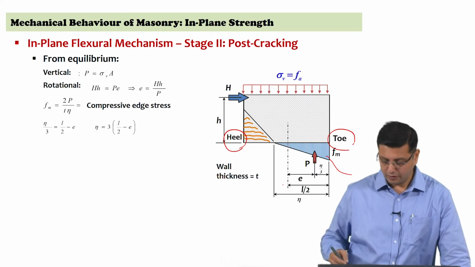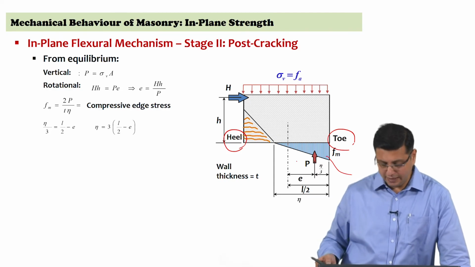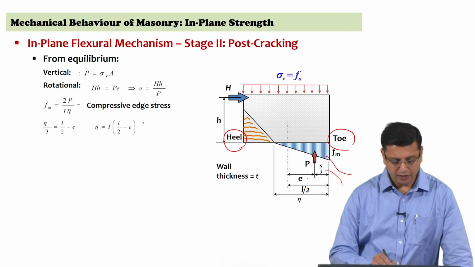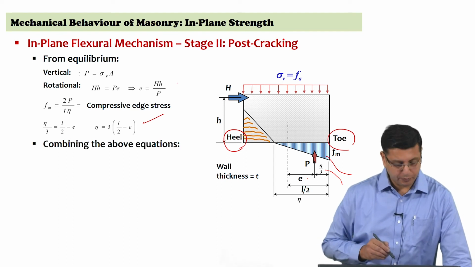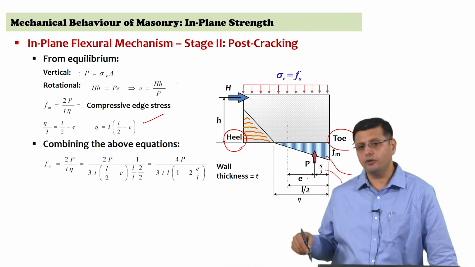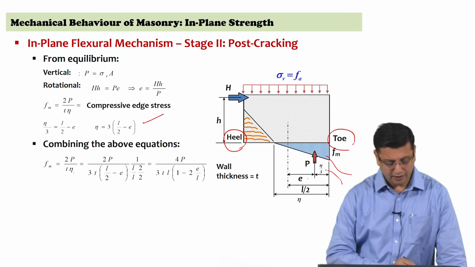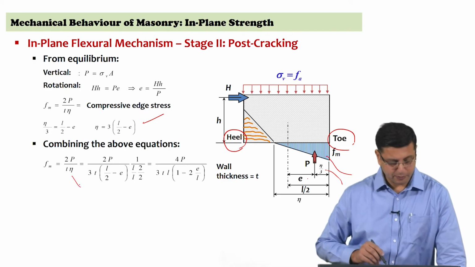From the triangular distribution, we can get an expression for eta: eta by 3 is equal to L by 2 minus E, from which we have an expression for eta that we can pull out. You combine the equilibrium equations, the edge compressive stress and the expression for eta, and we can write down the value of the edge compressive stress Fm as 2P by T eta, substitute the value for eta there, simplify it and get an expression for Fm.